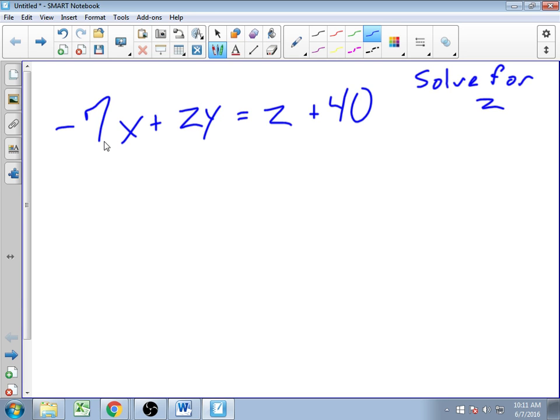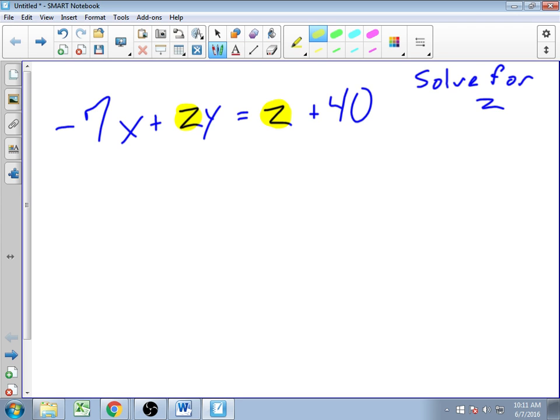So this is what makes it hard, is that we have to solve for z, and z exists in two different places right now. So the first thing we always want to do when solving for variables is get that variable, or those variables if there are multiple, on the same side together. I see that this variable z exists right here and right here. They're not on the same side together right now.